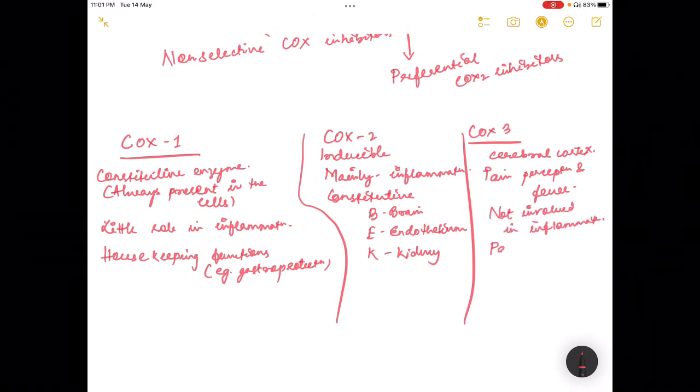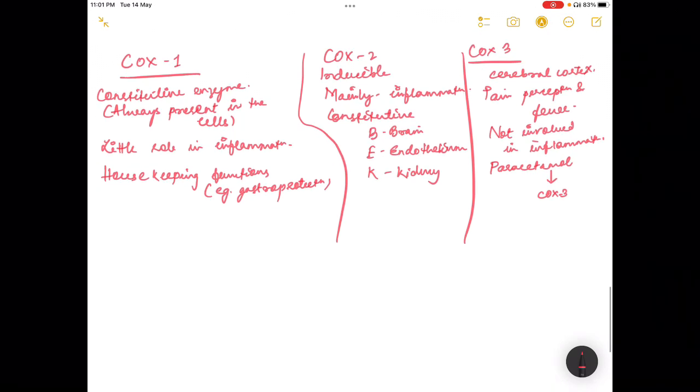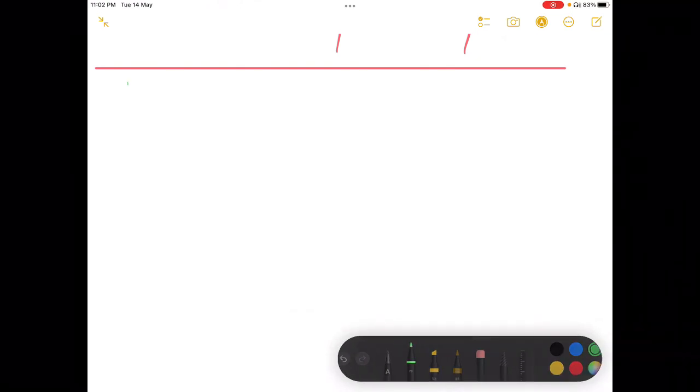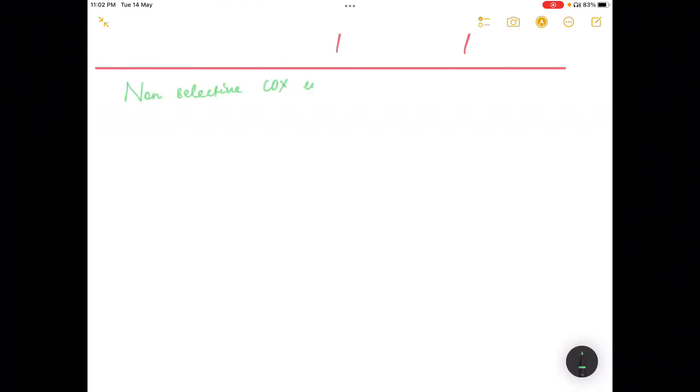Now, paracetamol is a drug of the NSAIDs. It targets COX-3. Okay, so this was all about your COX-1, COX-2, and COX-3. So coming to the first group of drugs, that is the non-selective COX inhibitors.